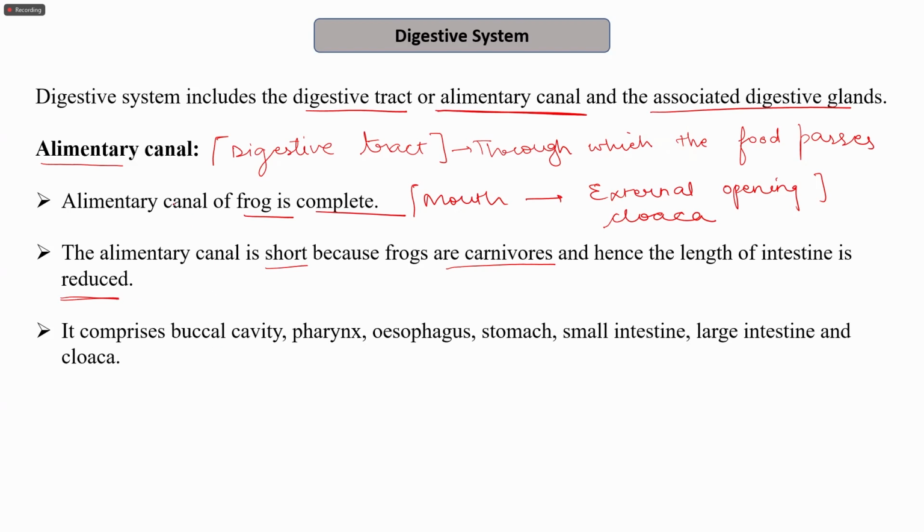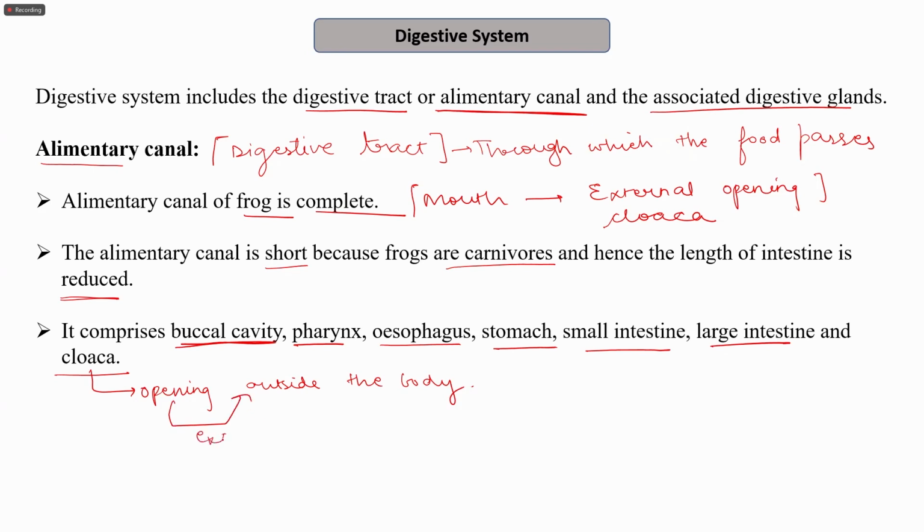The main parts present in the alimentary canal are the buccal cavity, then pharynx, esophagus, stomach, small intestine, large intestine, and cloaca. The cloaca is the opening outside the body that helps in excretion, that is, eliminating the waste outside the body.